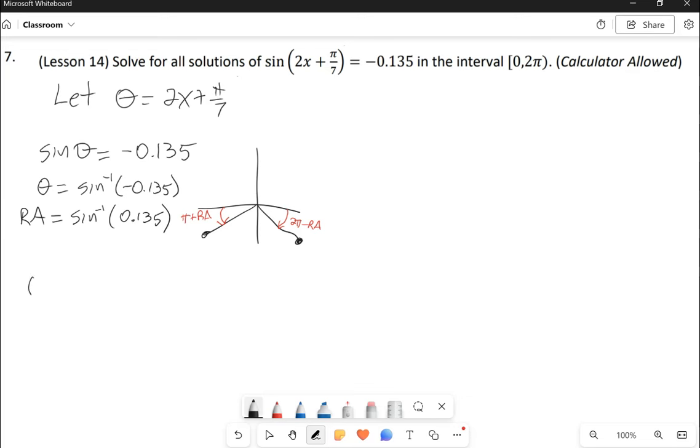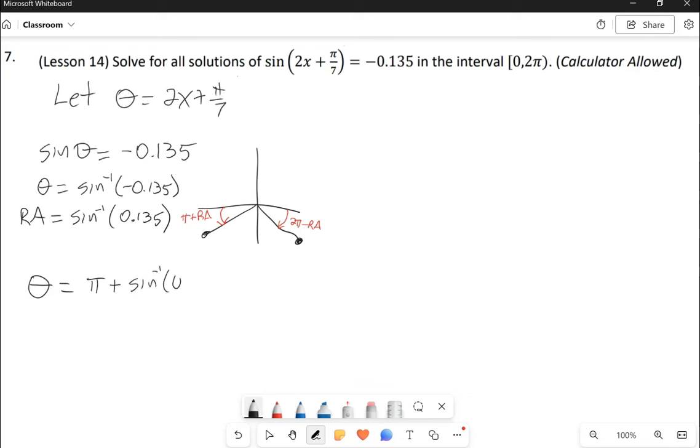So our answers will be pi plus reference angle, arc sine of positive 0.135 plus 2k pi. That will be all of these answers forever and ever.